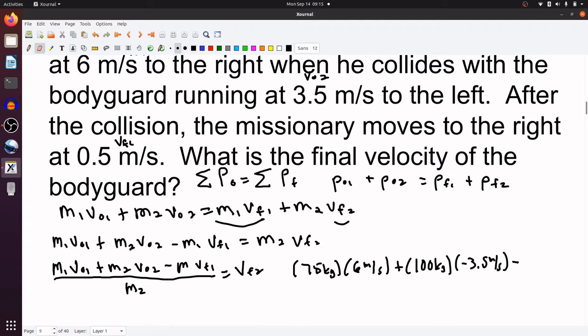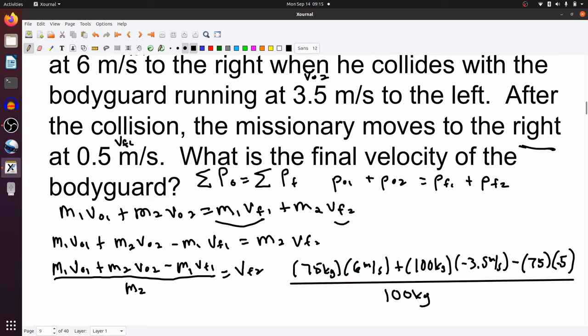Let me go correct that before I screw something up. That definitely is an M1. Minus M1, which is the 75, and I'm going to have to drop my units to fit this in here. And then VF1, and the final velocity is a positive 0.5 because it says to the right. So it'll be a positive 0.5, although we are subtracting it. And then we divide that by the mass of the bodyguard, 100 kilograms.